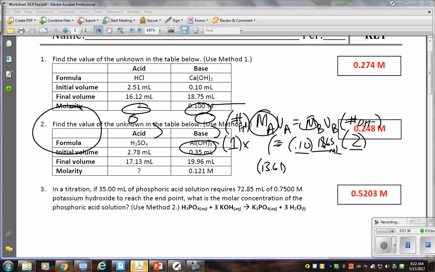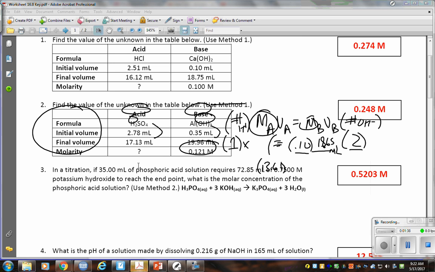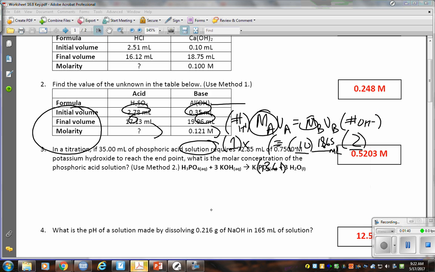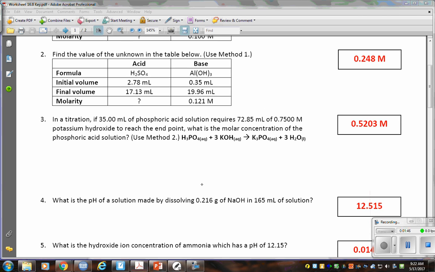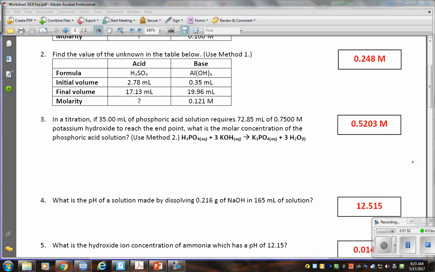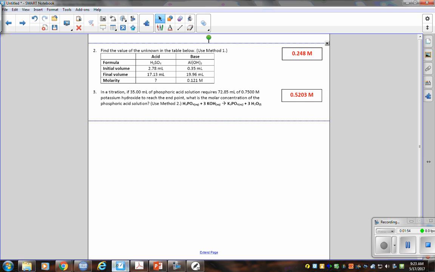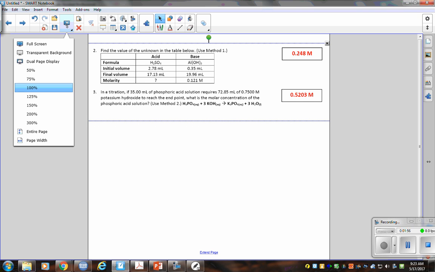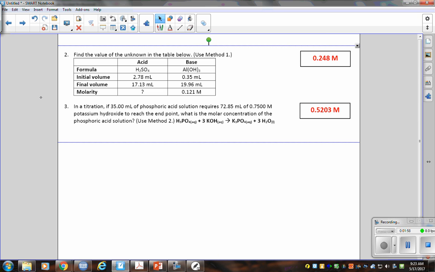But look at the next one. If I look right here, I'm going to clear that off. So if we look, I'm going to do the top one.